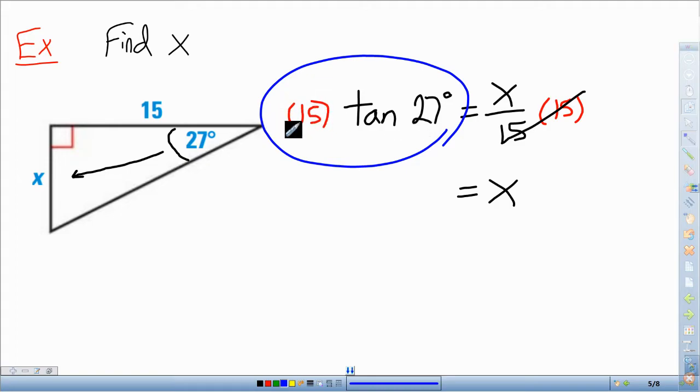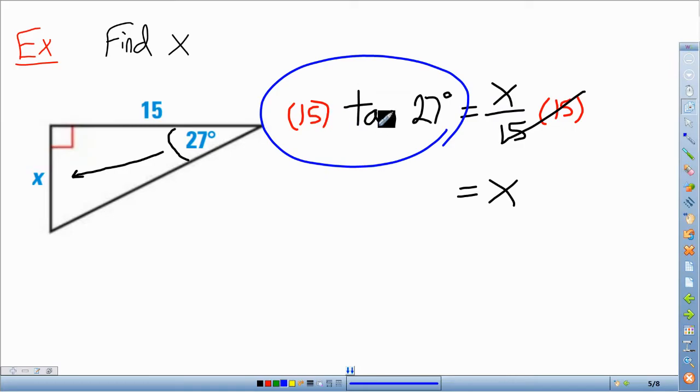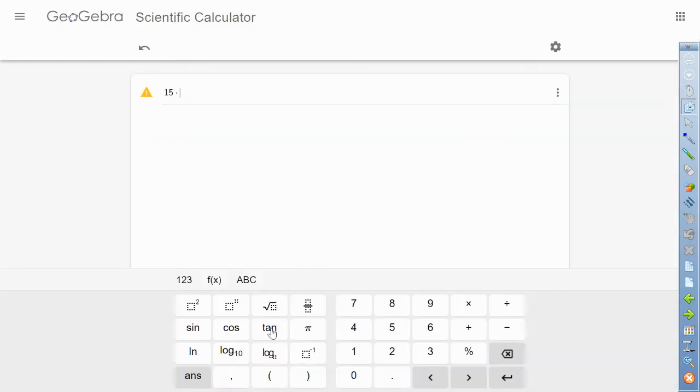We don't necessarily need to put parentheses around 15, though it depends on the calculator you have. On GeoGebra we don't need parentheses. We can just say 15, then times, and then, just to remind you, tangent 27. There it is.